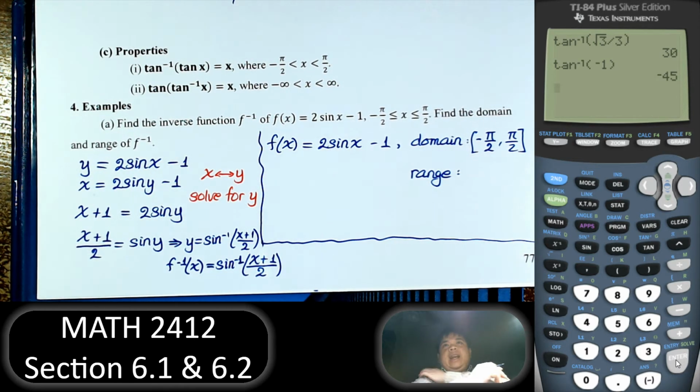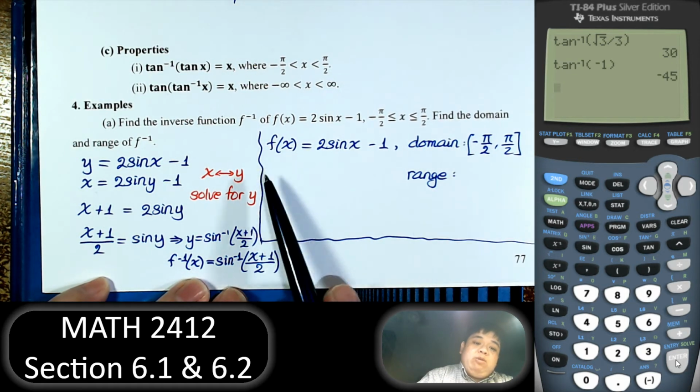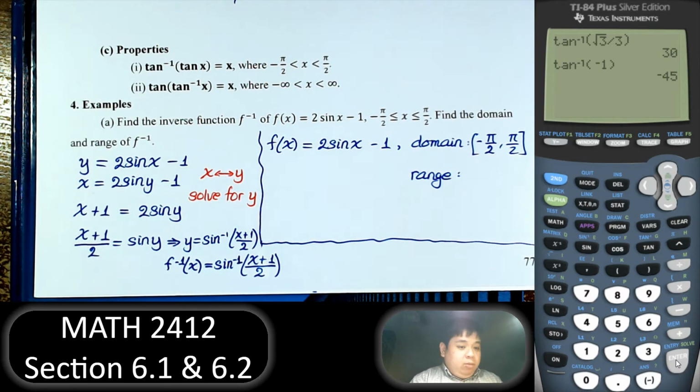Now what is the domain and range? How do we determine that? If we know the domain and range of the function, then for the inverse we just interchange. Can we do that? The answer is yes.